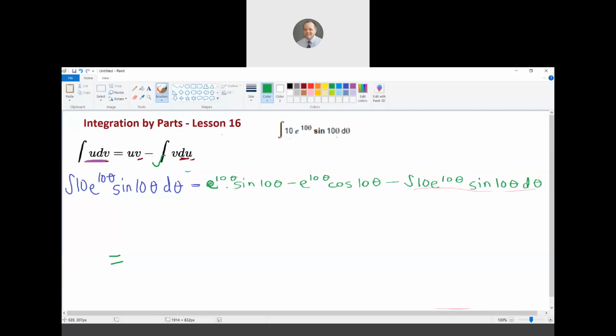Now, it looks like there's no end in sight to this problem. But if you compare the left side to part of the right-hand side, we have an integral of 10e to the 10 theta sine 10 theta d theta on the left side, and we have the same thing over here.